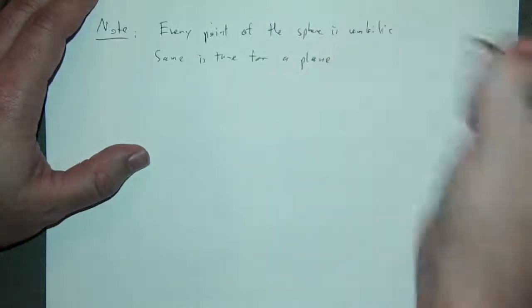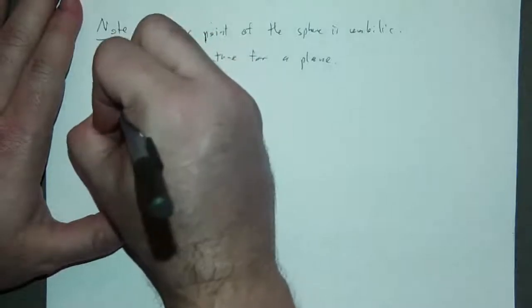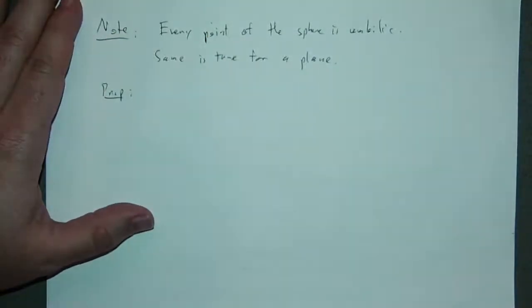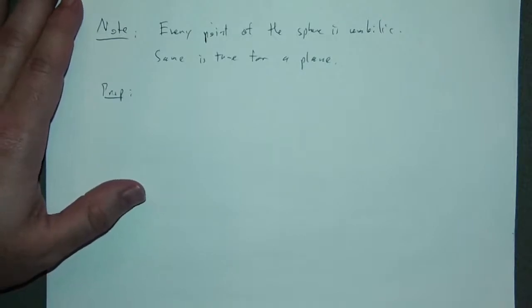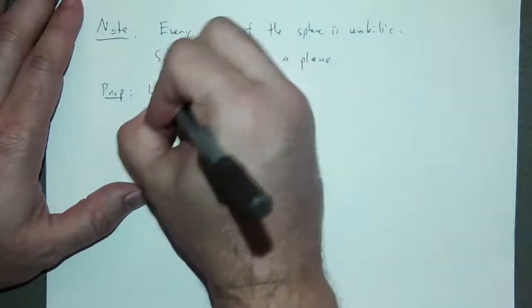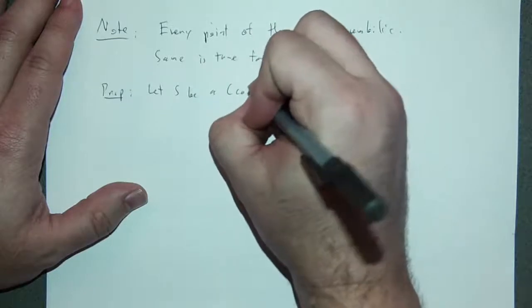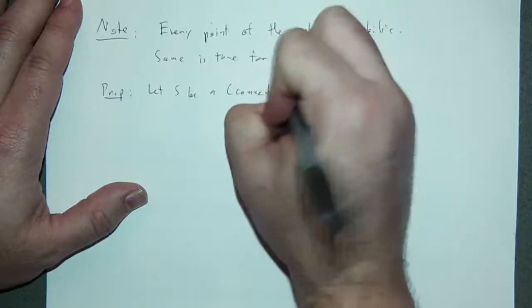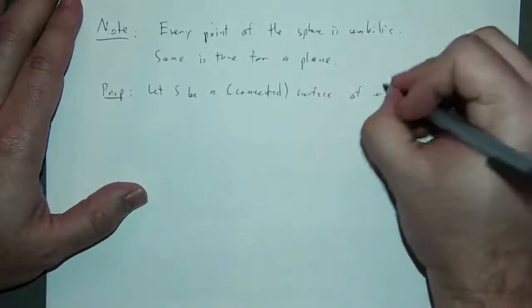Now we have the following proposition that basically characterizes what kind of surface you have. If you have a surface that's nothing but umbilics, it's either a sphere or a plane. So let S be a connected surface of which every point is an umbilic.